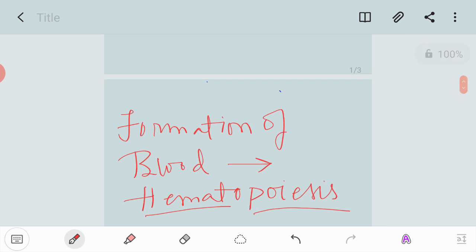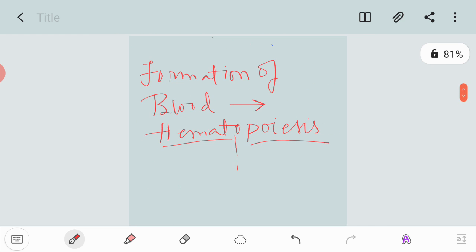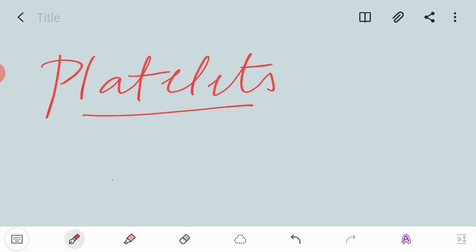One more thing I wanted to discuss, that you should know. From this video you have got to know the work of platelets. It helps in stopping the blood flow, coagulation of blood.